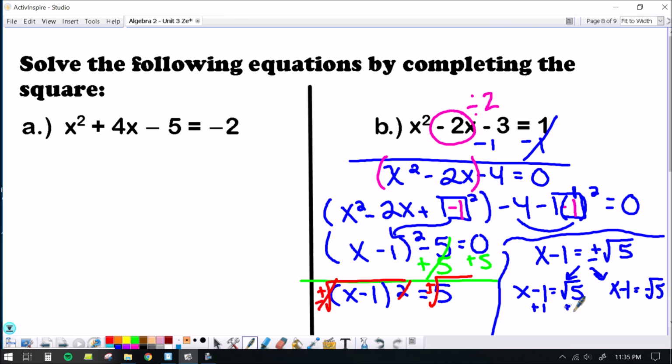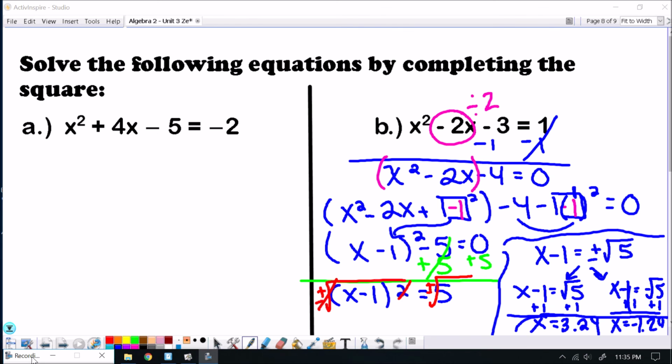So if I add the 1 over, I get x is equal to 3.24, and then for our second, our negative square root of 5, I get x is equal to negative 1.24 for our x-intercepts. Okay, so that is completing the square and solving, and also we looked at zero product property and solving with that from factored form.